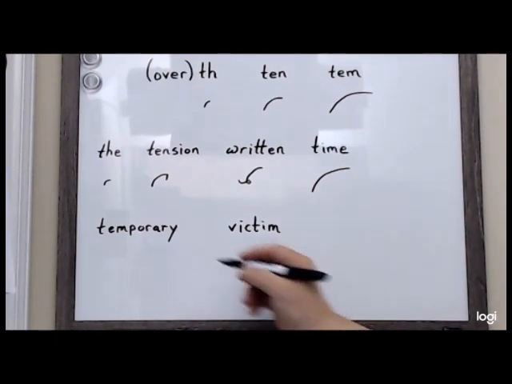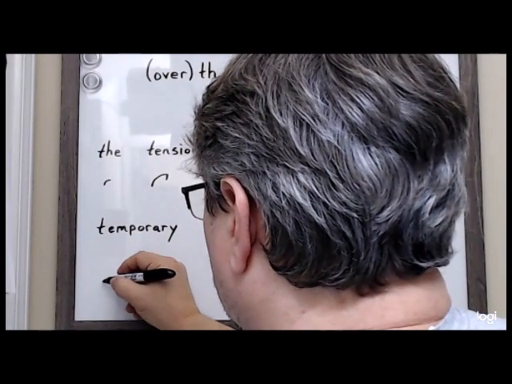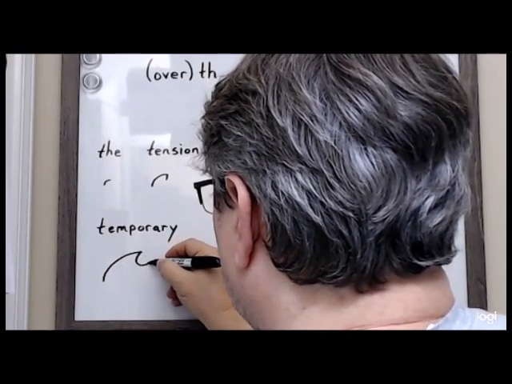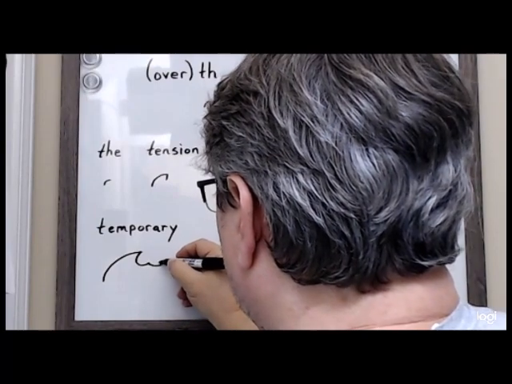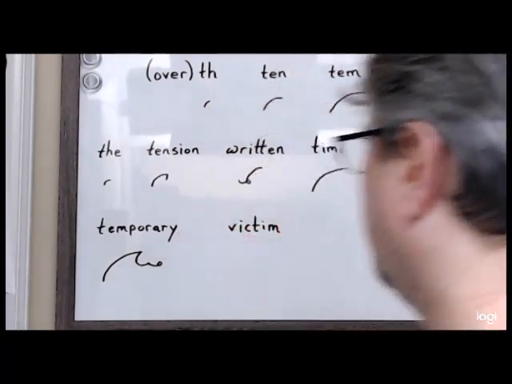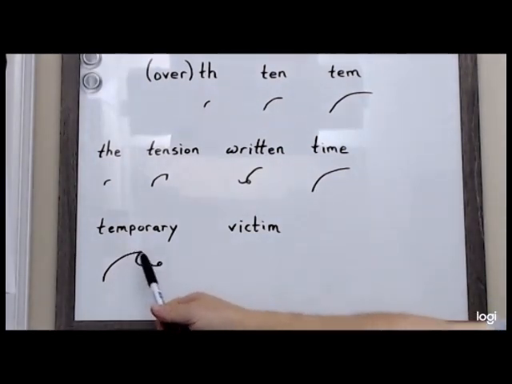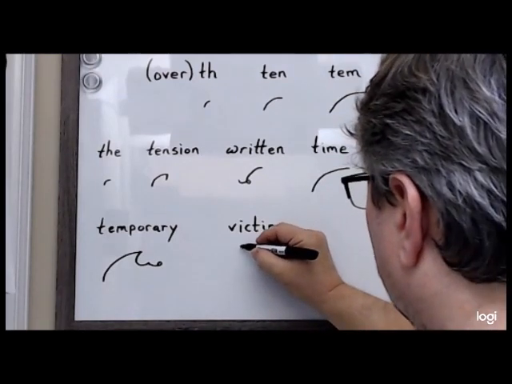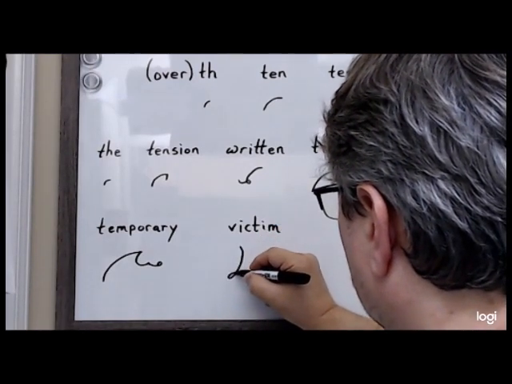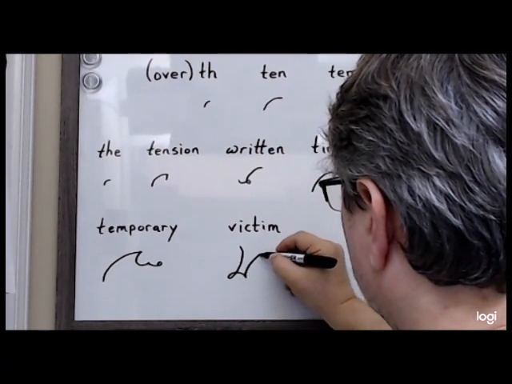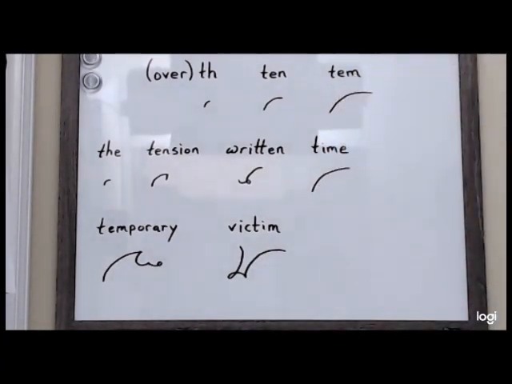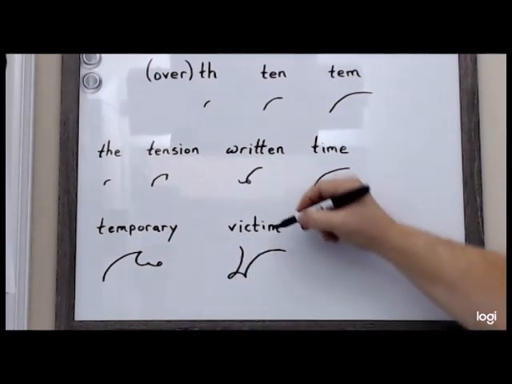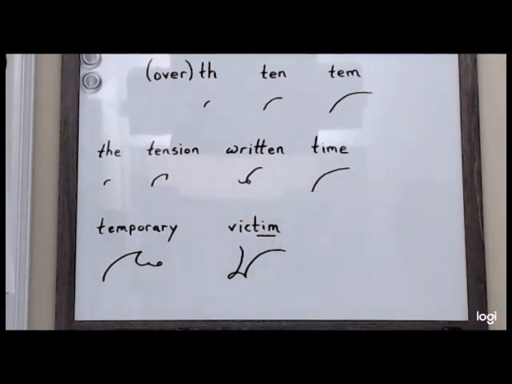For the word temporary, we'll just write the TEN stroke, the P, R, another R, and then the E, expressing the E sound for the Y. So this is the word temporary. Now the word victim will be the V, the E, K, and then the TEN stroke at the end. Remember the E representing the short I sound, and then the TEN stroke representing this TEN sound here.